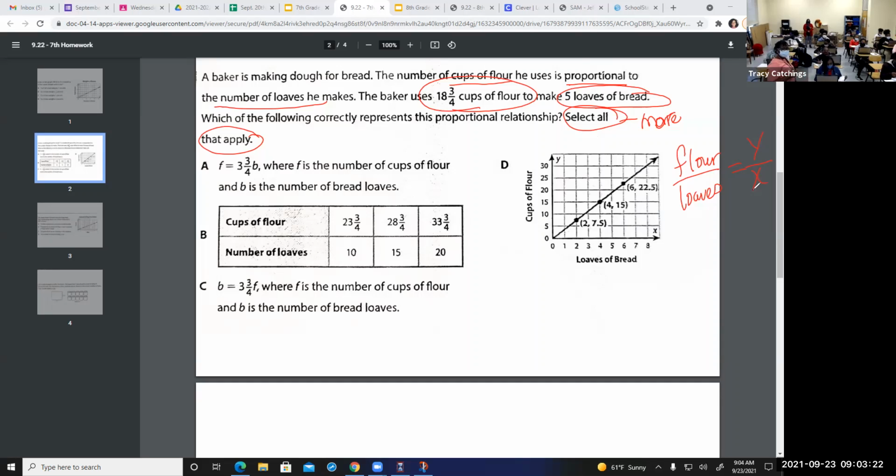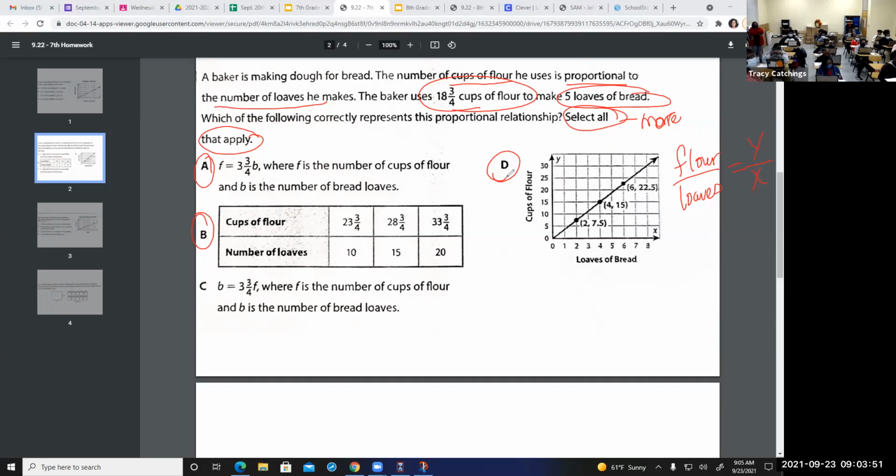What did we get? You got C? I hear A and D, B. All right, somebody talk to us about A. I heard several people say A. Talk to us about B. Why did you choose B?